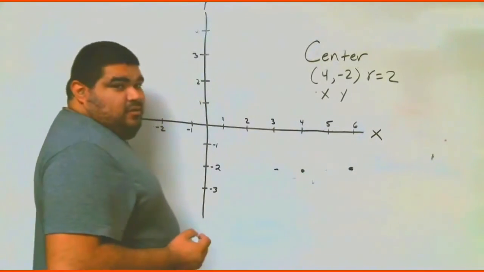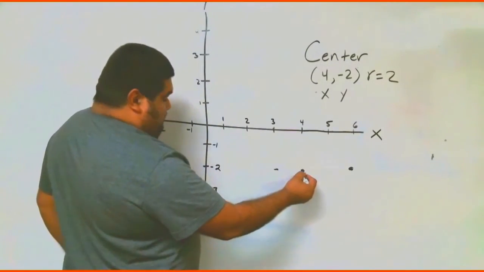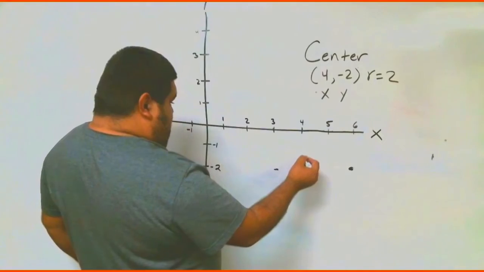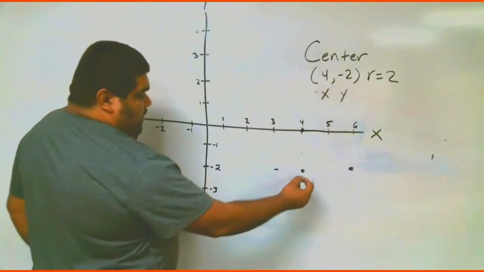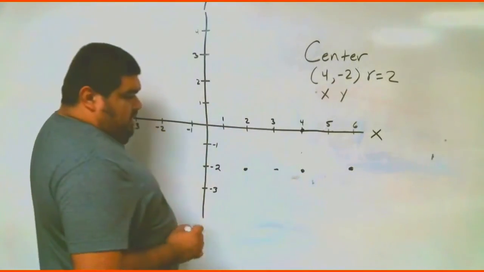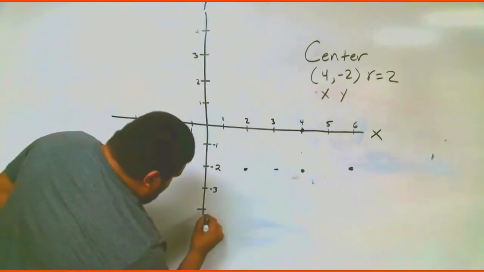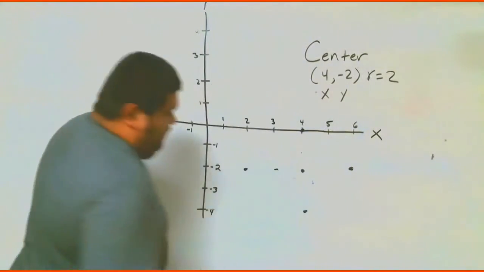Make a circle there. Then we go from the center of origin up 1, 2. Then we go to the left 2, which is about there. And then we go down 2. So -4. And then about there.